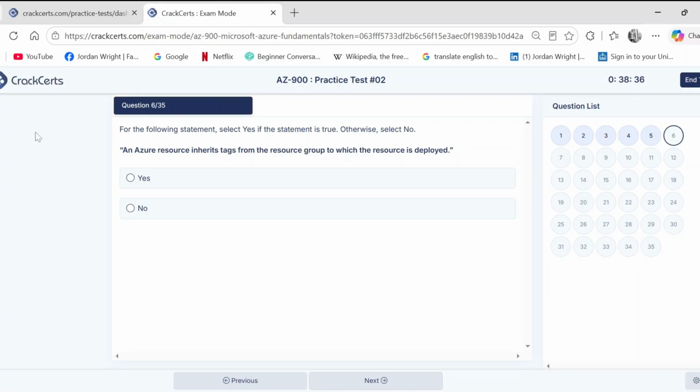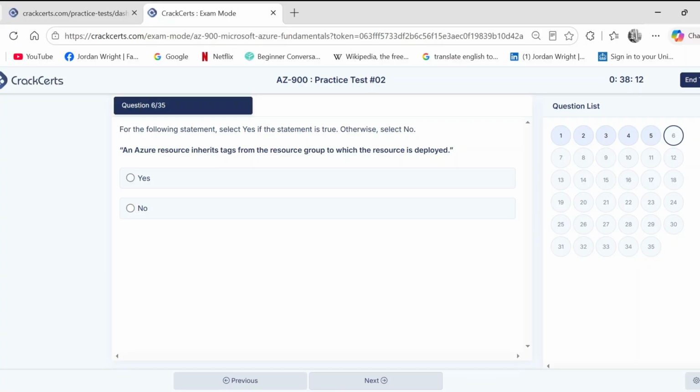It does inherit. No, it doesn't. Really? It doesn't inherit. You have to actually do it yourself. It doesn't inherit tags.